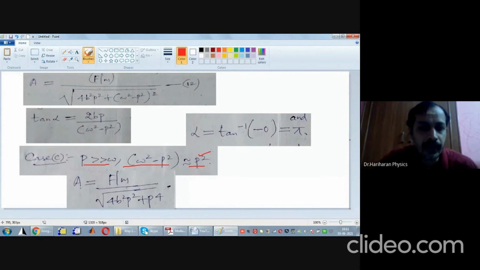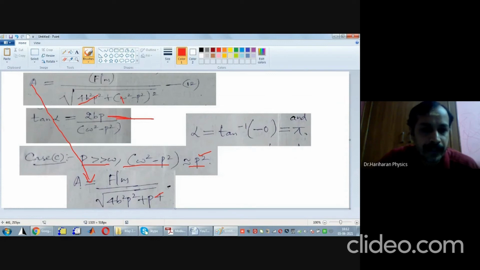Then this term can be neglected and you have only P square here. In that case, the amplitude A will simplify to A is equal to F by M whole divided by square root of 4B square P square plus P power 4. That's all. Now look at the expression for alpha: tan alpha is equal to 2BP by minus P square.